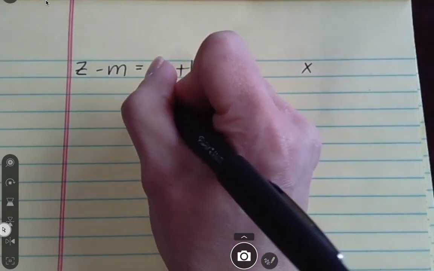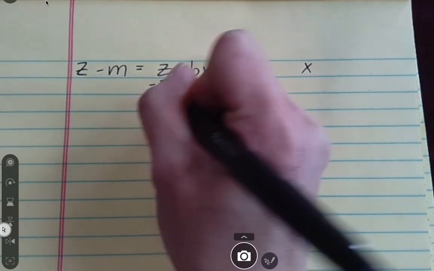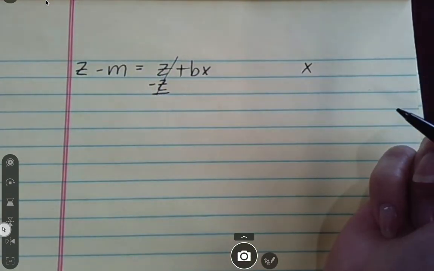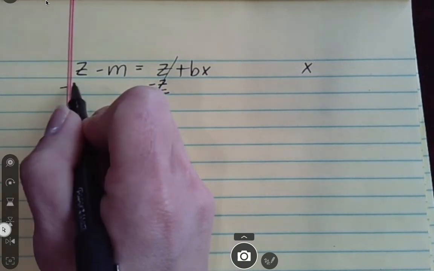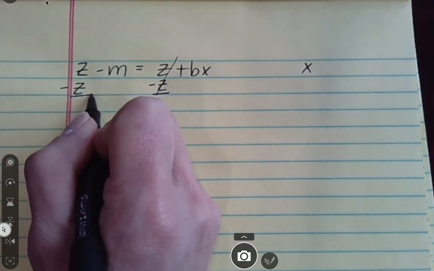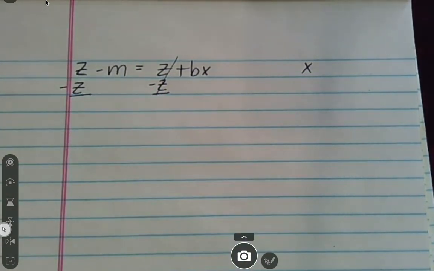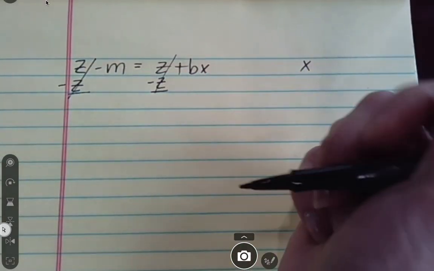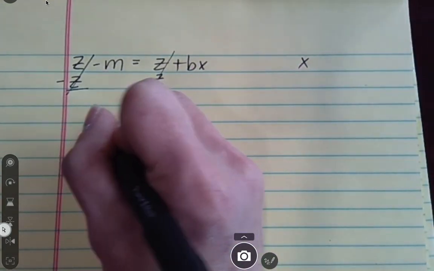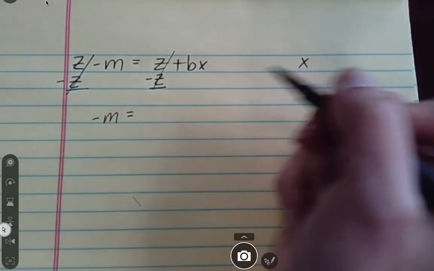So I'm going to start with minus z, because that would make that go away, right? So then what do I have to do on this side? Minus z. And since I see it matches that one, let me write it with it. What is z minus z? 0. Again, that one cancels out. So what do I bring down? I have a negative m. Does everybody see negative m?